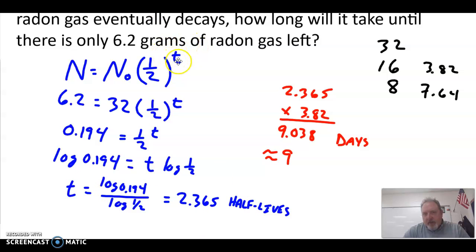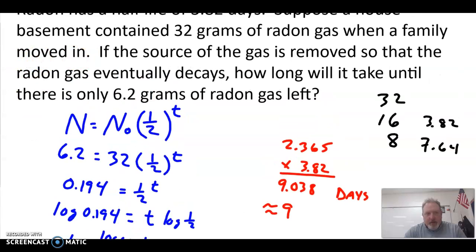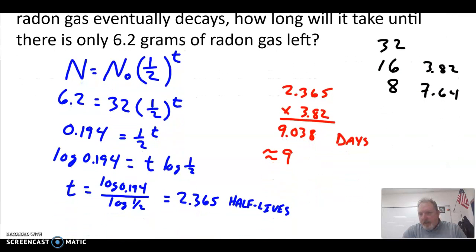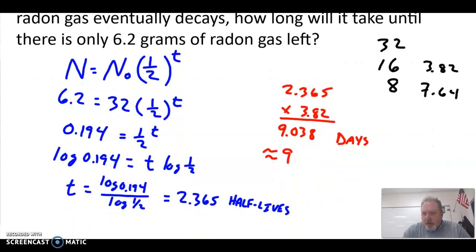So our T right here is 2.365 half-lives. And we have to multiply that by the number of days in the half-life. And our problem told us that that was 3.82 right up here. So 3.82 times the number of half-lives, it is a little bit over 9 days. That will get us from 32 grams of radon to 6.2.